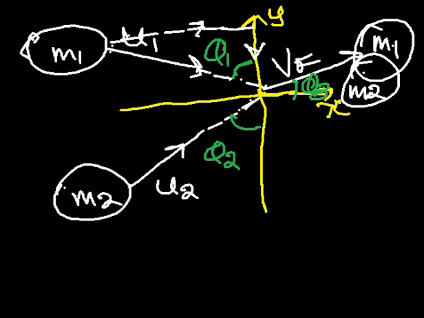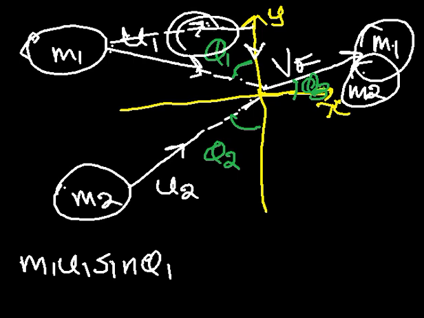The initial momentum along x is going towards the positive direction, so we'll have it as m1 u1 sine theta 1, because the angle is against the vertical. Using the trigonometric ratios, the x component will have sine theta.